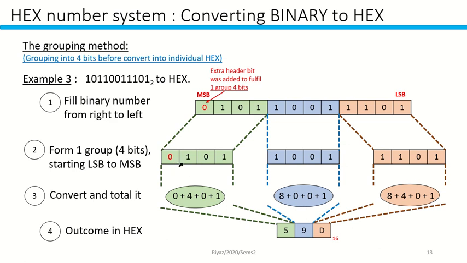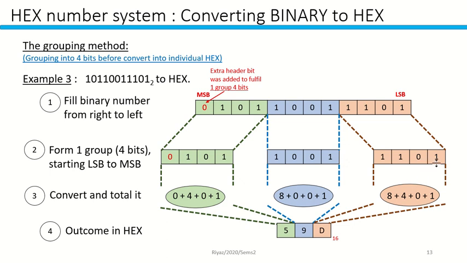So this is 0101, so it's 0 plus 4 plus 0 plus 1, so that's why you're going to have 5 over here. For 1001, the 1 here represents 8, so 8 plus 0 plus 0 plus 1 is 9.